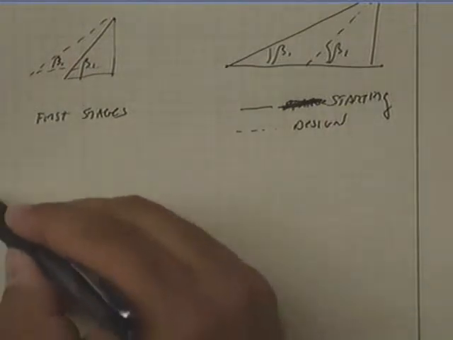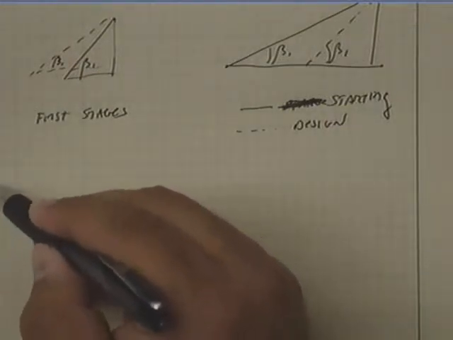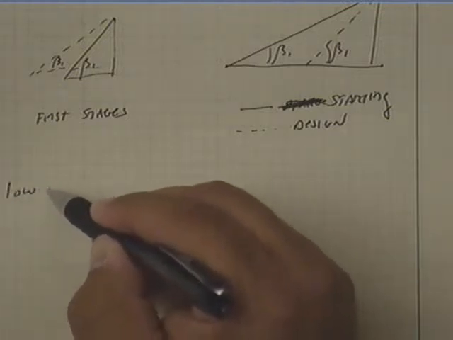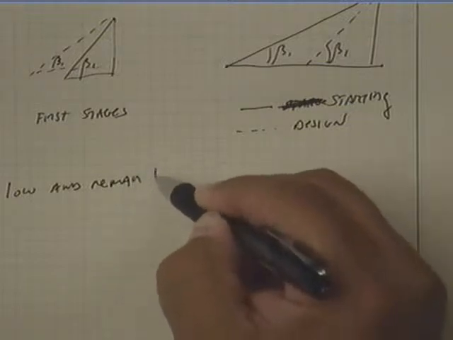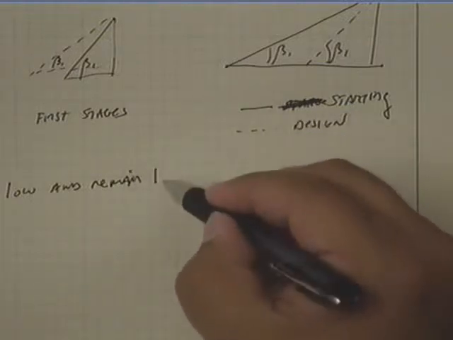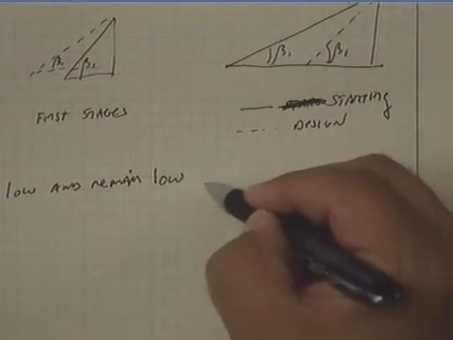So the density would be low and remain low during starting.